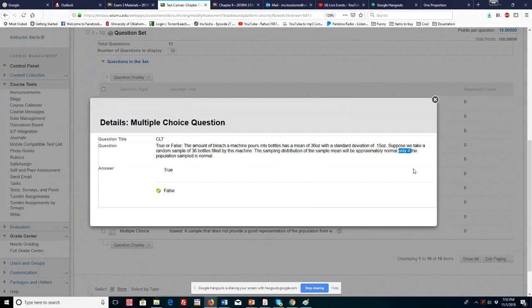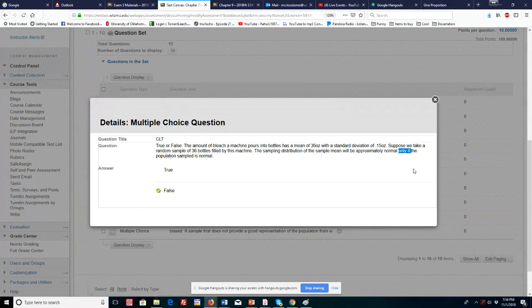It doesn't matter if our population is left skewed or right skewed or uniform or bimodal or something crazy like that. As long as we have a sample size greater than 30, the sampling distribution will be normal.